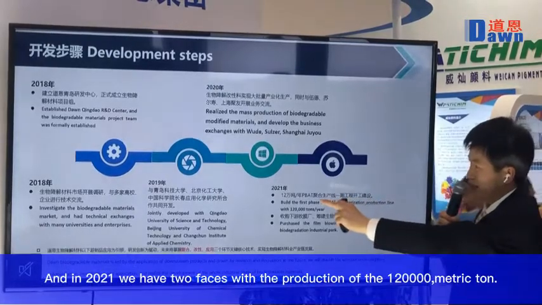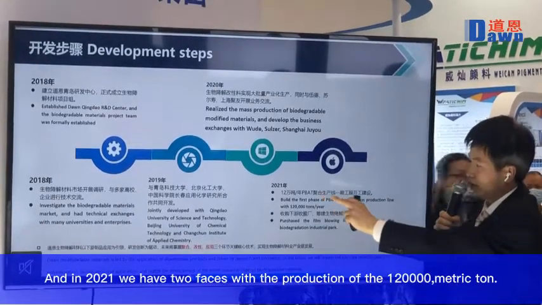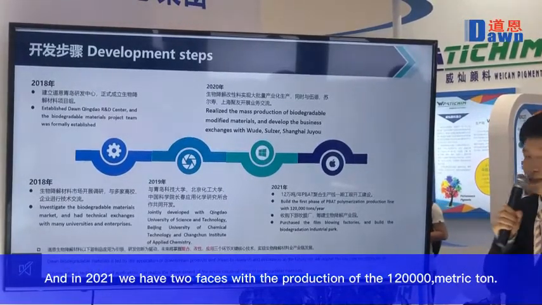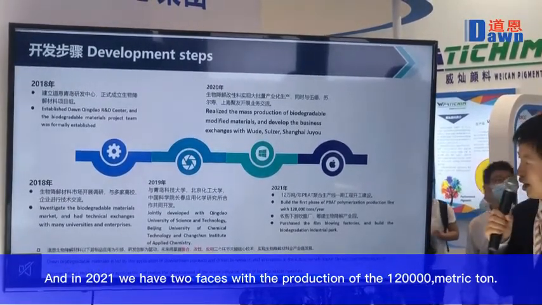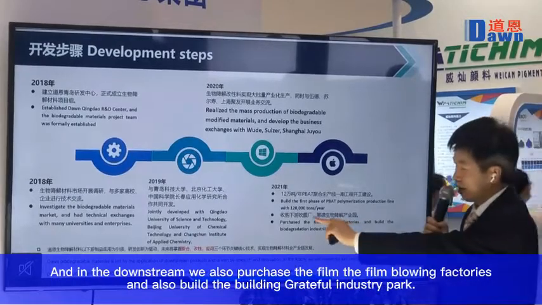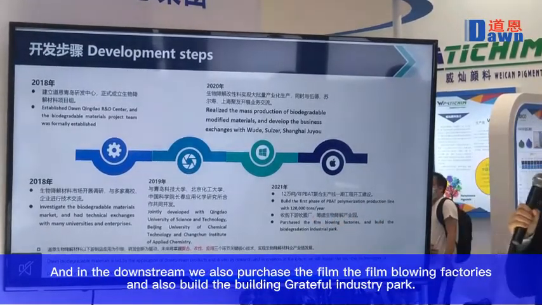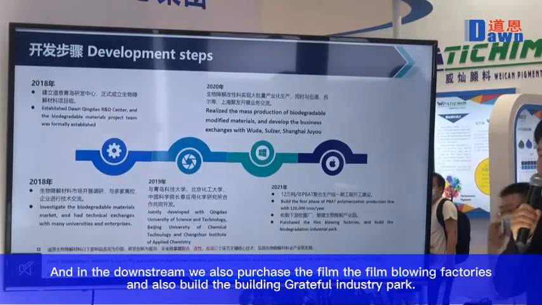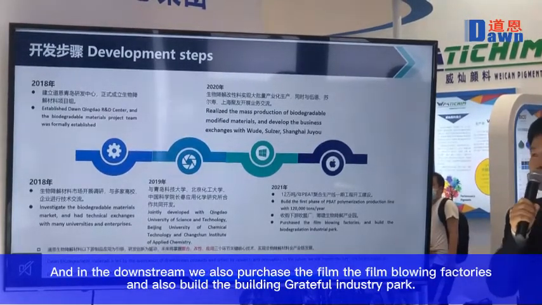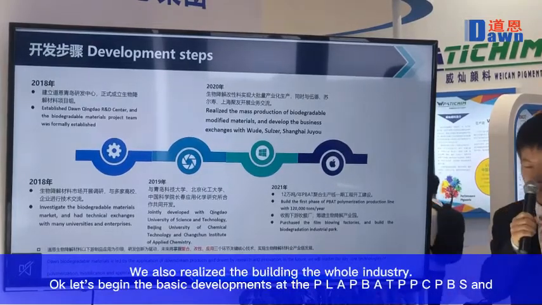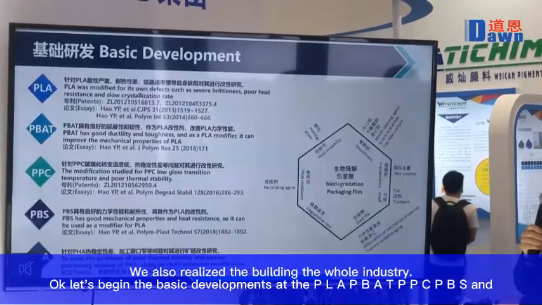In 2021, we had two phases of production, with 120,000 metric tons. In the downstream, we also purchased film blowing factories and built the biodegradable industry park. We also realized building the whole industry chain.